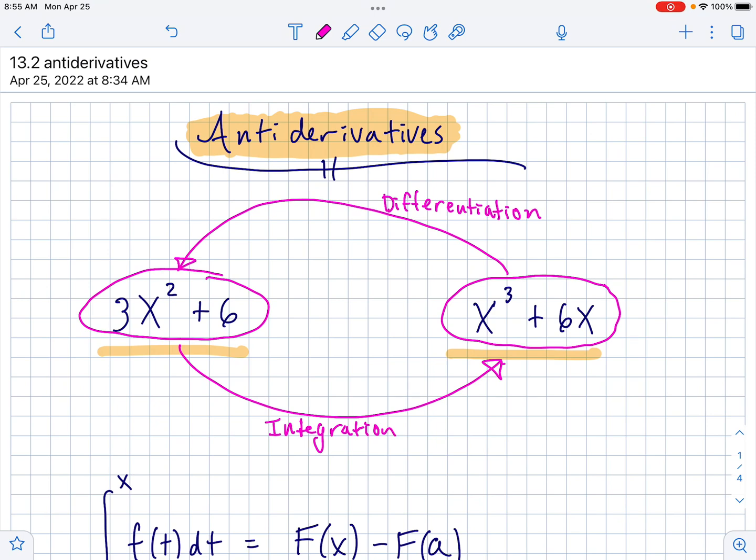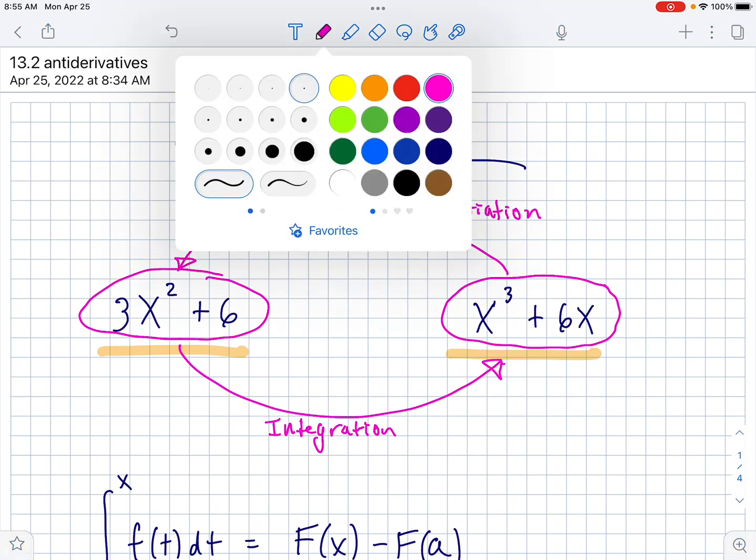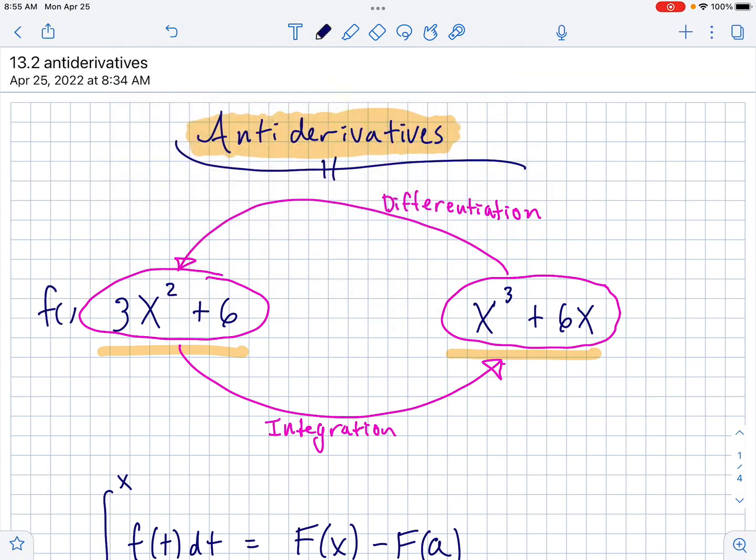Also, some notation that we're going to use today is that if this is f of x, and then you go this direction, like you try to find the original function that someone took the derivative of to get that f of x, this is going to be capital F of x.